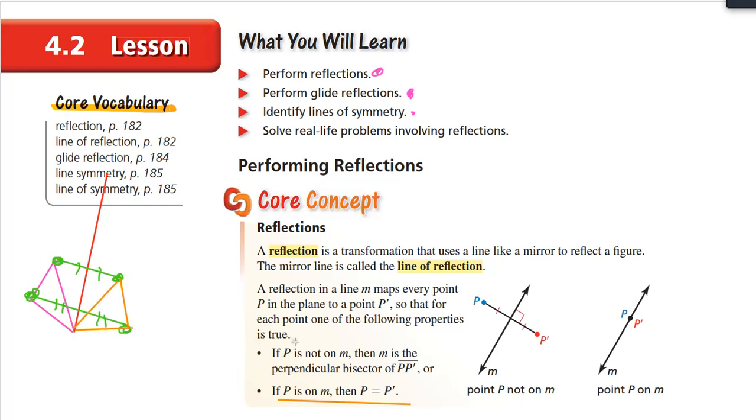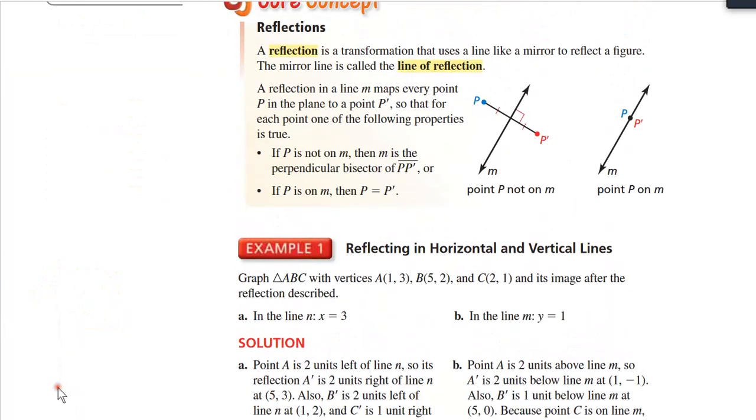There we go. That is what made it a reflection, because the perpendicular distance to the line is the same, but just on the other side. So let me clear that off. Let's look at the next stuff.